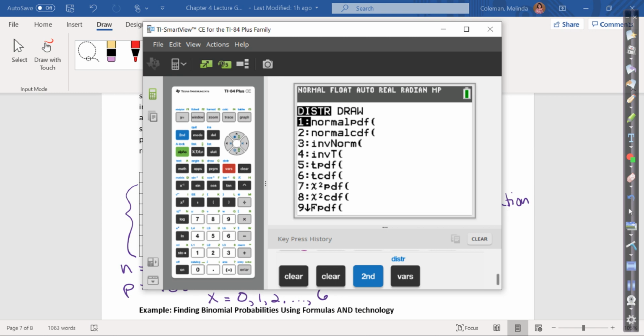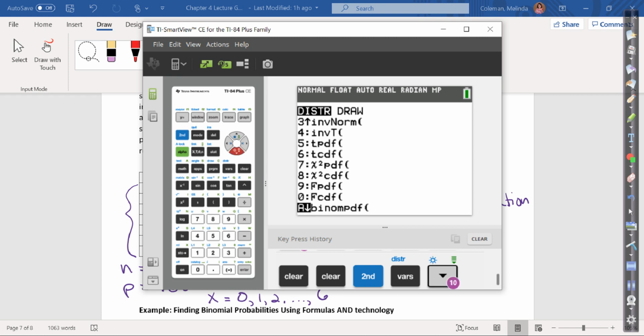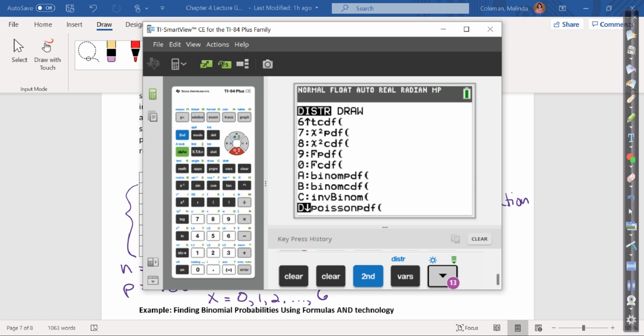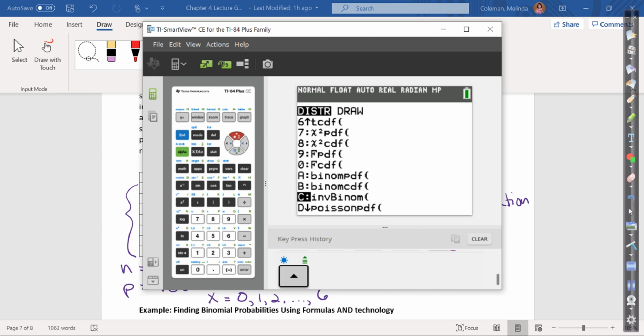None of those say binomial PDF. Here are some PDFs, but none of them say binomial. So you have to tab down. When you tab down, you get to A and B. A is binomial PDF. B is binomial CDF. Make sure that you are hitting PDF. It will definitely change your answers.